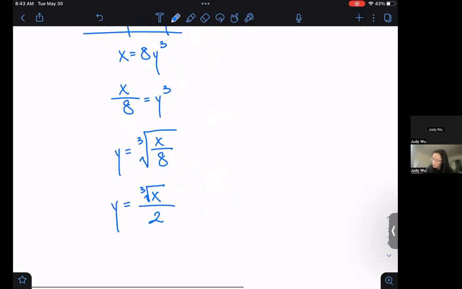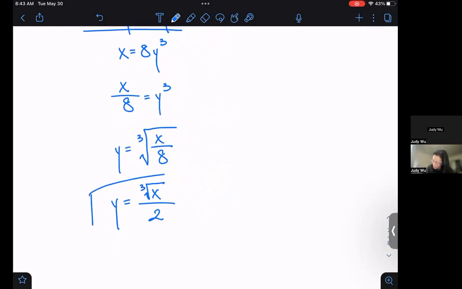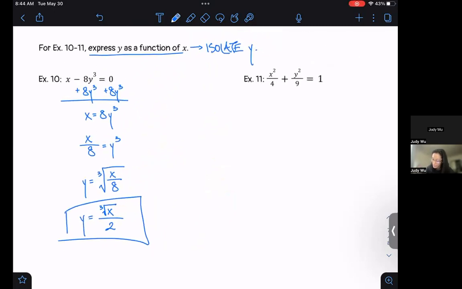No need to go any further than this, but this would be a good stopping point for us. So we have successfully expressed y as a function of x by isolating y in example 10. If you want to pause the video now so you can try 11 on your own, that would be great. But we're going to go ahead and do that one together right now.